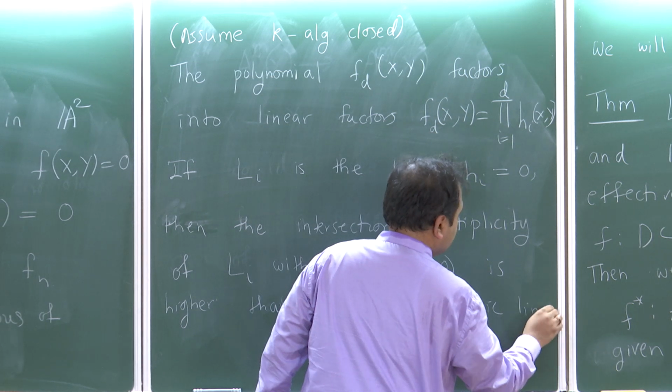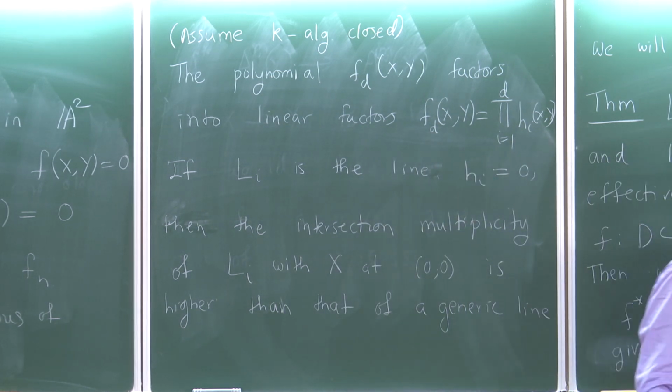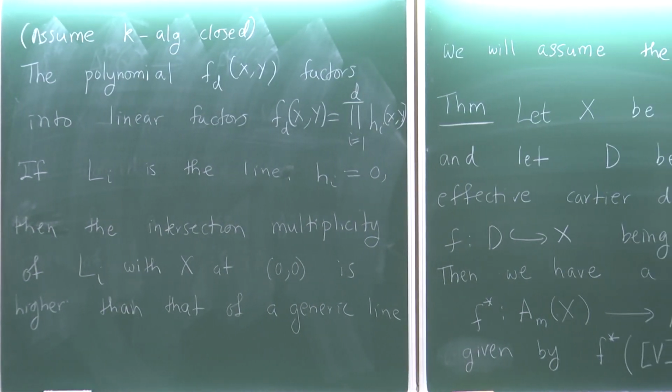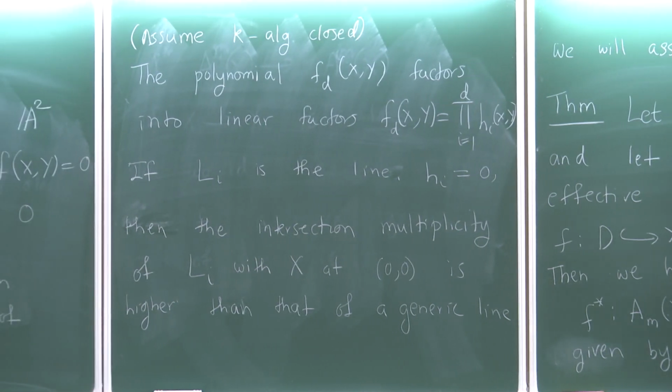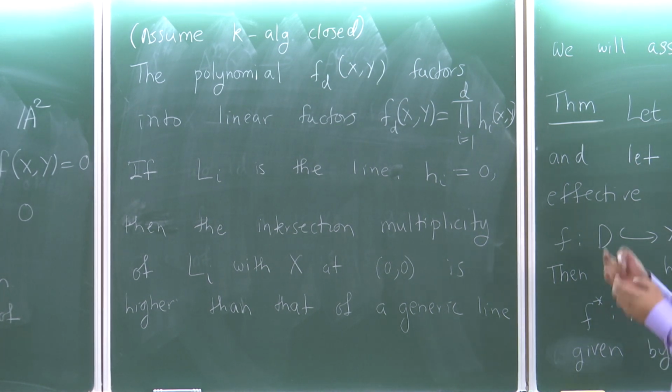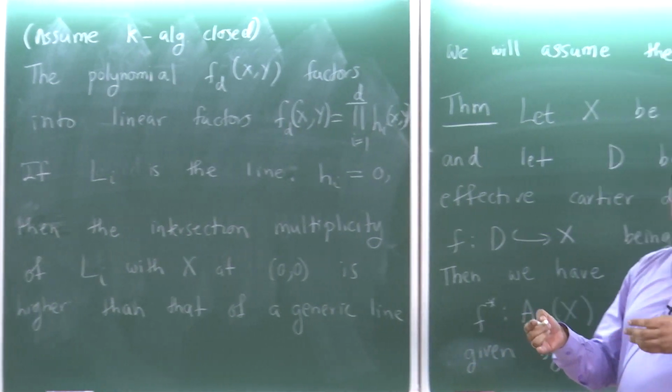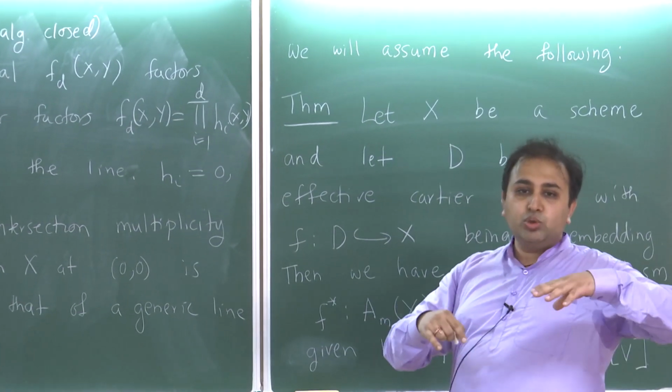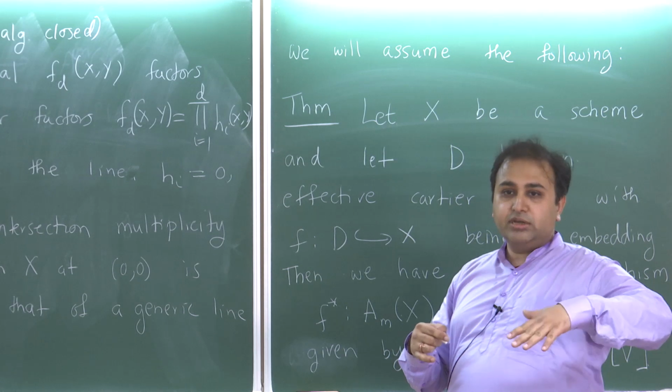So what do I mean by this? If I want to define the intersection multiplicity of a line with a curve, you basically parameterize the line: the points of the line are given by P of t comma Q of t, where P and Q are linear polynomials in t, and then you plug that into the equation of your polynomial, and the points of intersection will correspond to the roots of the polynomial that you get, right?